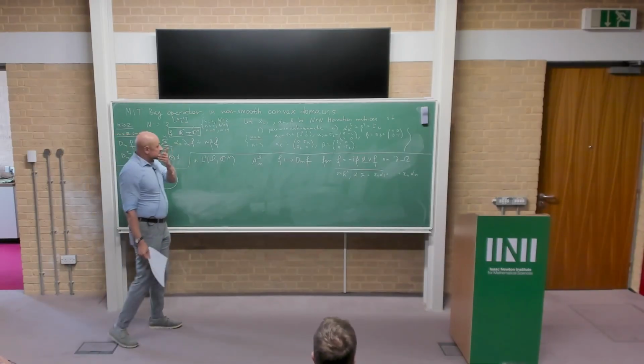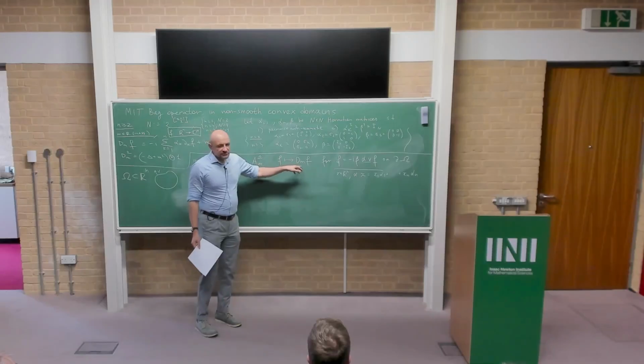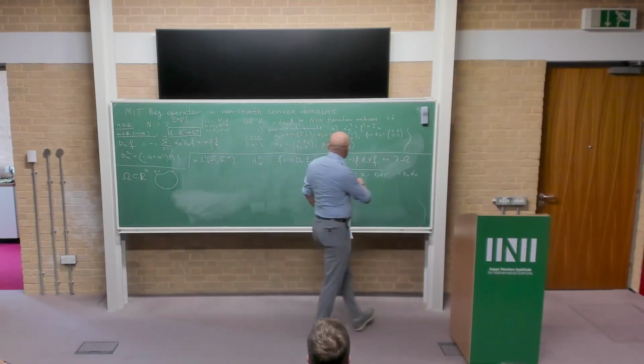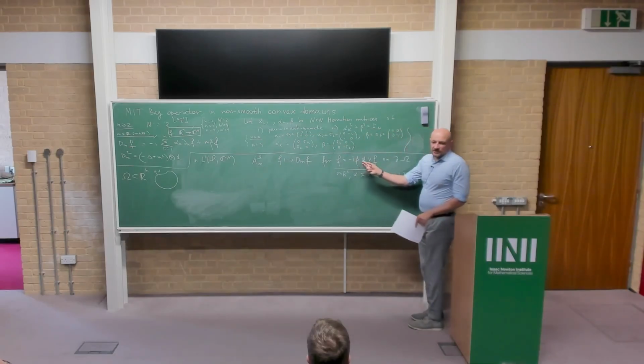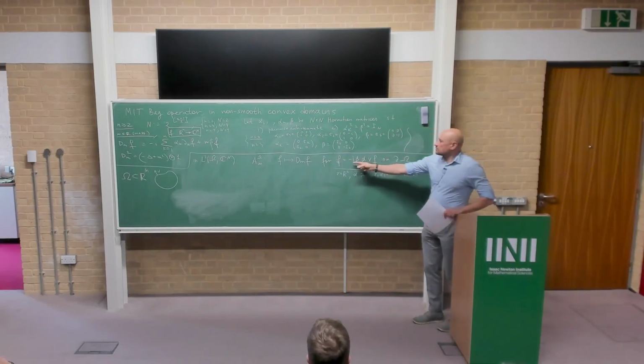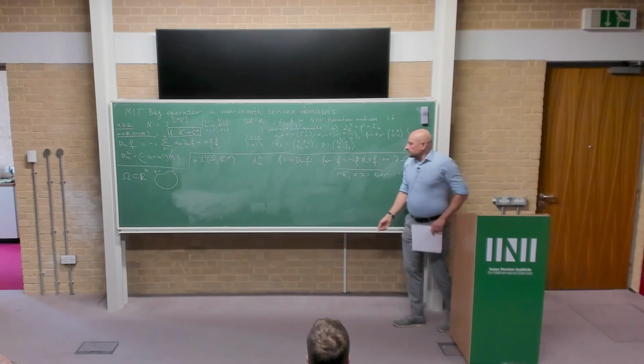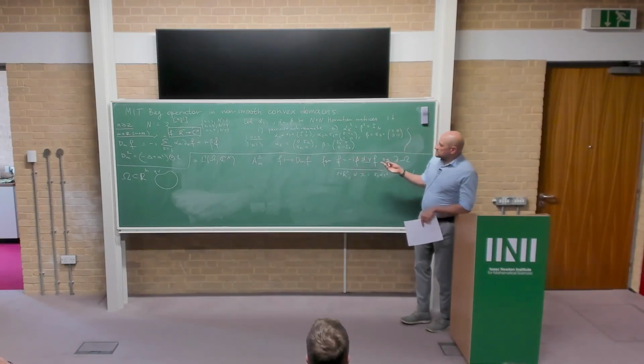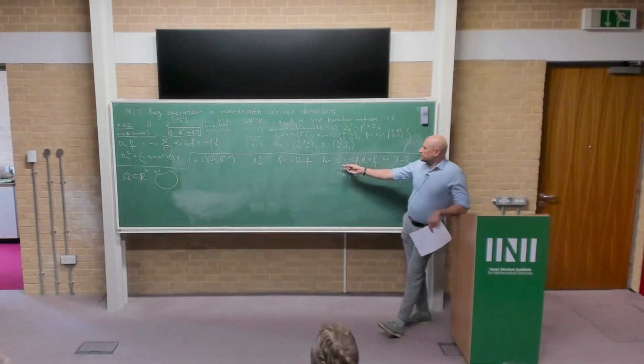So let me recall that the Dirac operator is a first order differential operator. It means that the boundary condition is like a zero order boundary condition. It couples the components of f to each other, but there are no normal derivatives and so on. In fact, one should be a bit more precise, because you need some regularity for the function f.